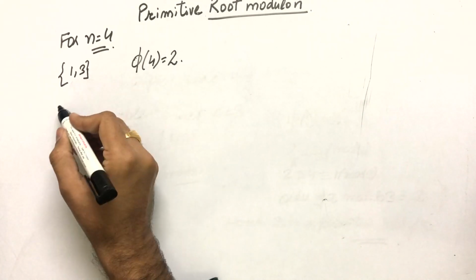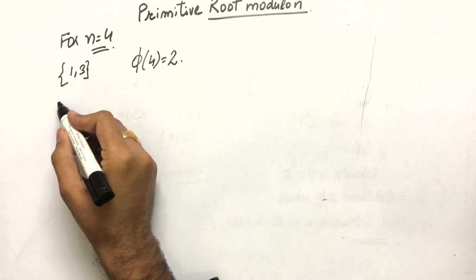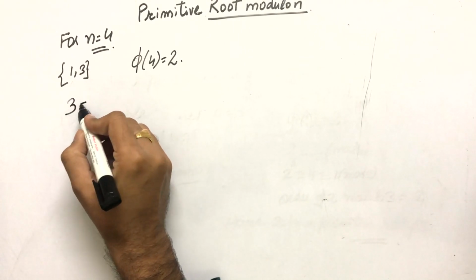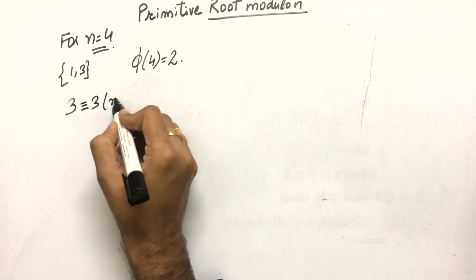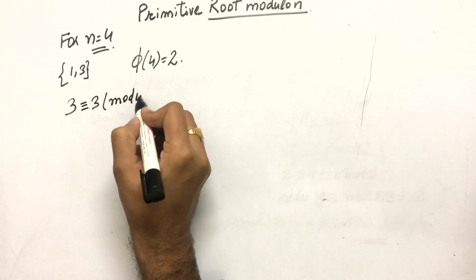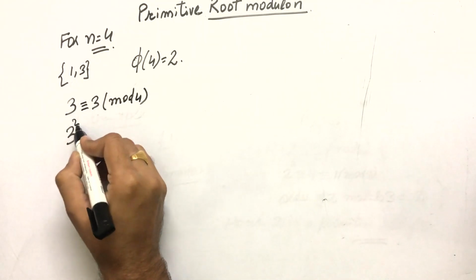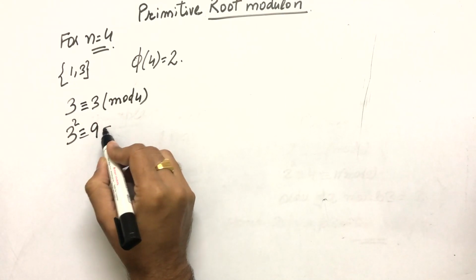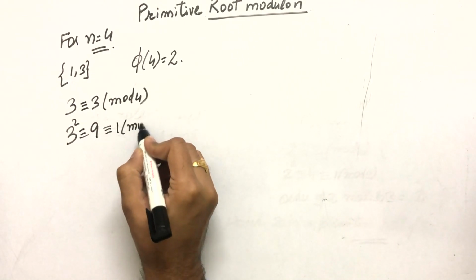So again 1 cannot be a primitive root because the order of 1 is 1. Let us check for 3. 3 is congruent to 3 mod 4. And how much is 3 square? That is 9. And very easily 9 is congruent to 1 mod 4.